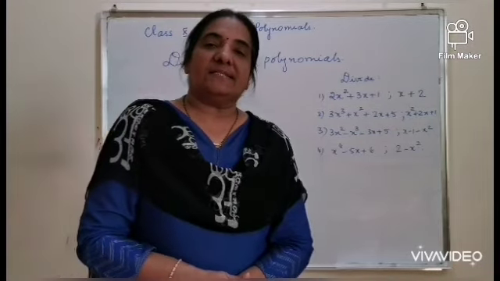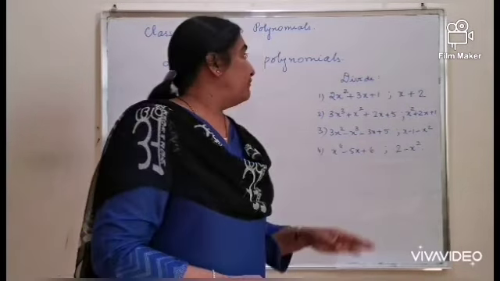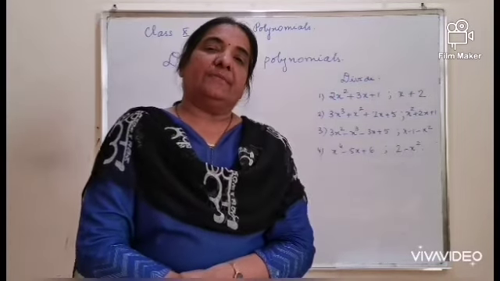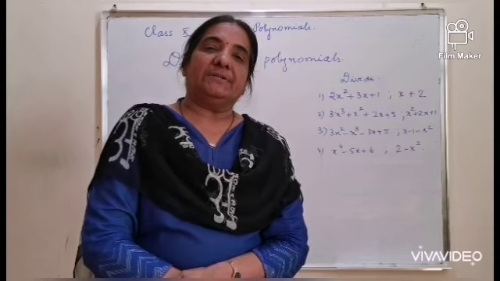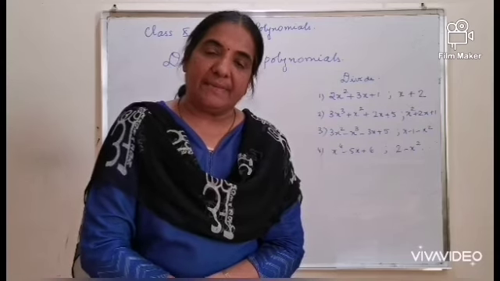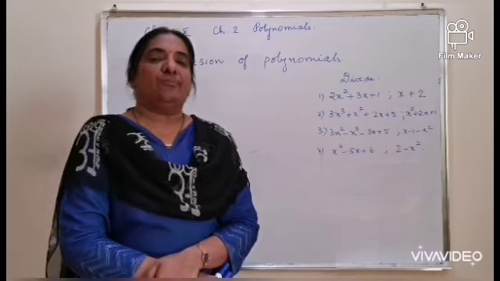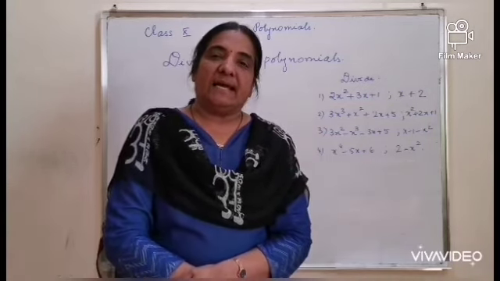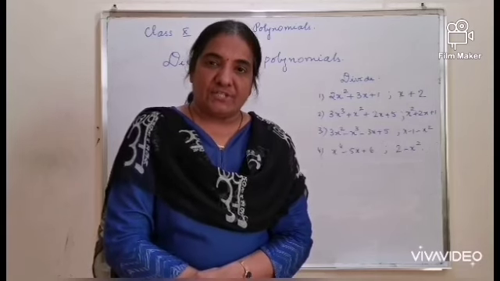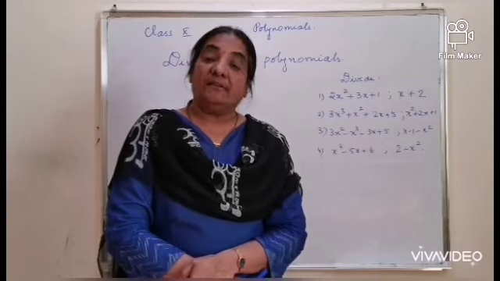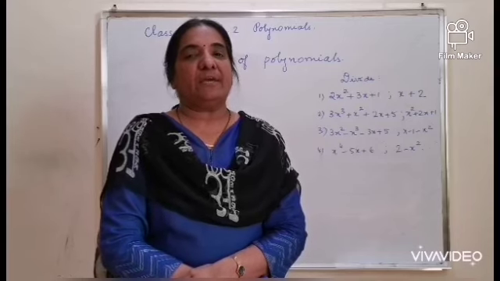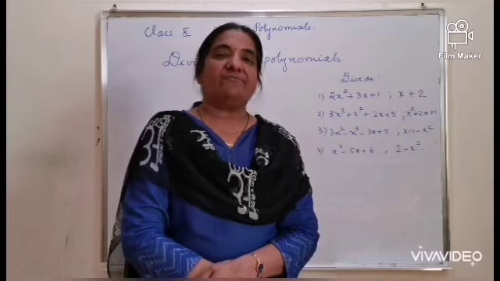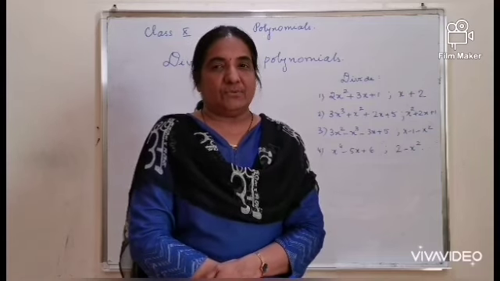The next topic in this lesson is division of polynomials and the division algorithm: dividend is equal to divisor into quotient plus remainder, in the case of polynomials also. This topic is very important as the application of division is in finding the zeros of a cubic polynomial, as a cubic polynomial can have a maximum of 3 zeros.